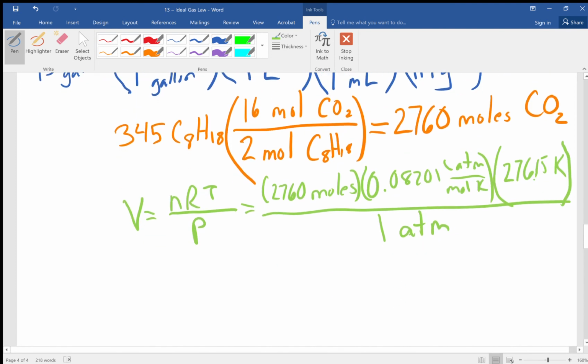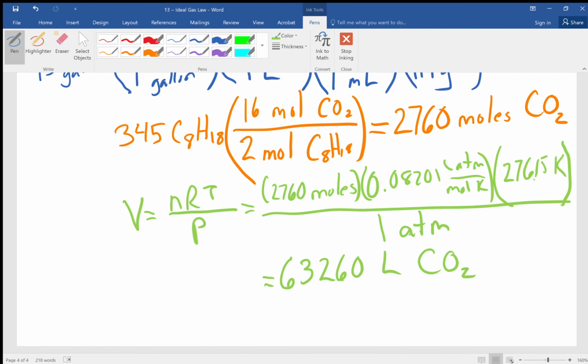So finally, we can enter all of this into our calculator, and we find that by burning 1 tank of gas, our car will generate a little over 63,000 liters of carbon dioxide. And if it was a warmer day, this number would be even higher.